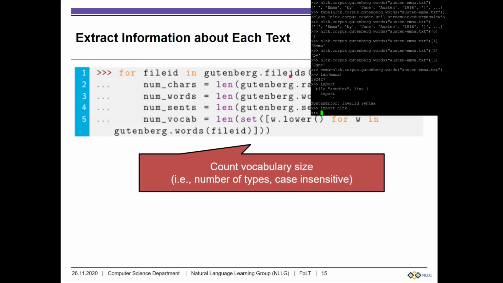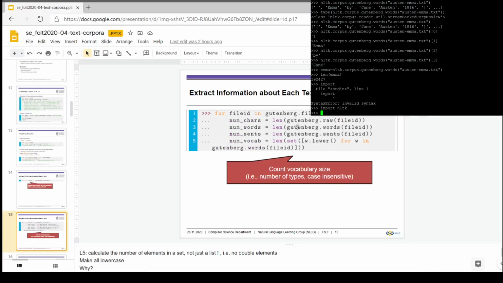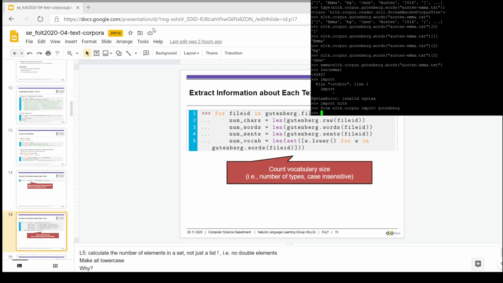Okay, and just for the sake of illustration, let's do a little bit of coding, or let's repeat this experiment that we've shown here. So what we do is from nltk.corpus import gutenberg. So this is what's given in the slide.